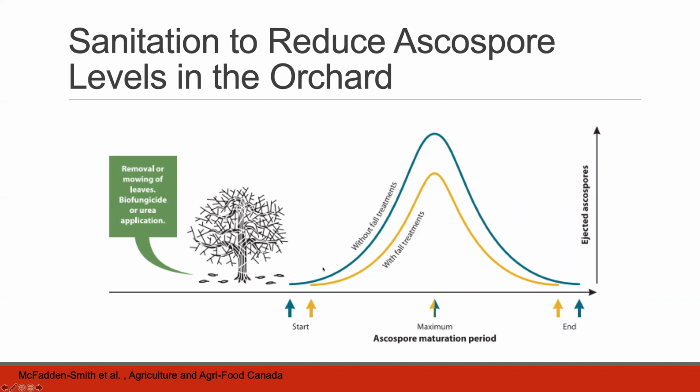The top line shows what the ascospore maturation pattern looks like, and it's a typical bell curve. This pattern remains the same even with the fall treatment. This yellow line shows the fall treatments. You can see that the pattern is the same. However, the quantity of spores released is lower.